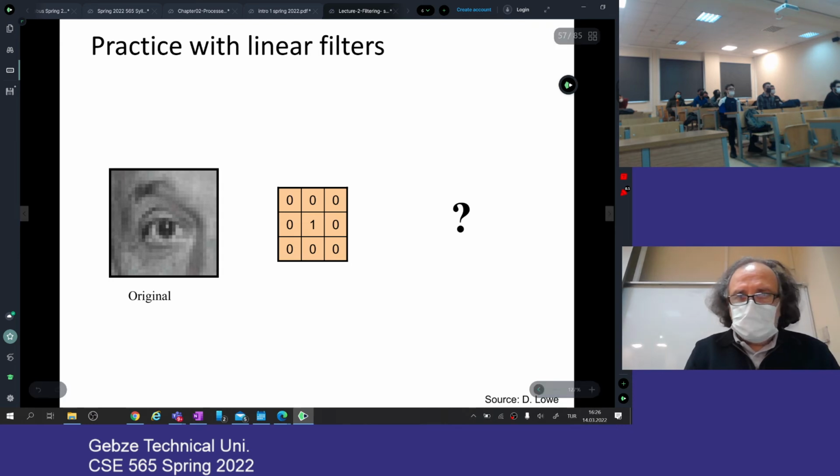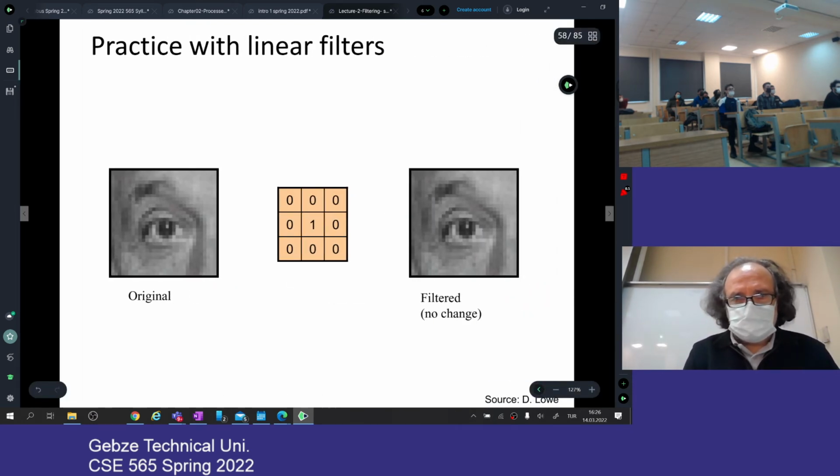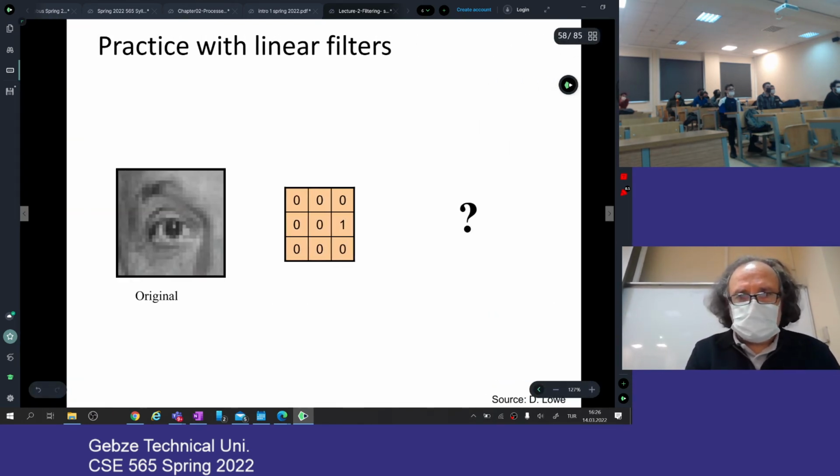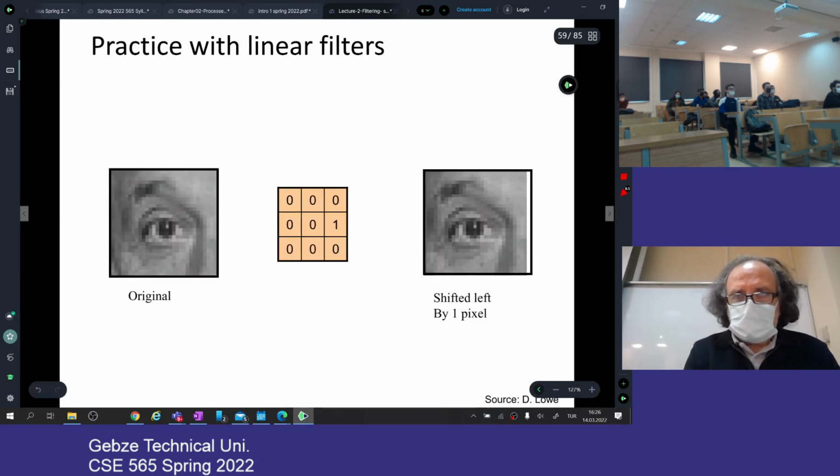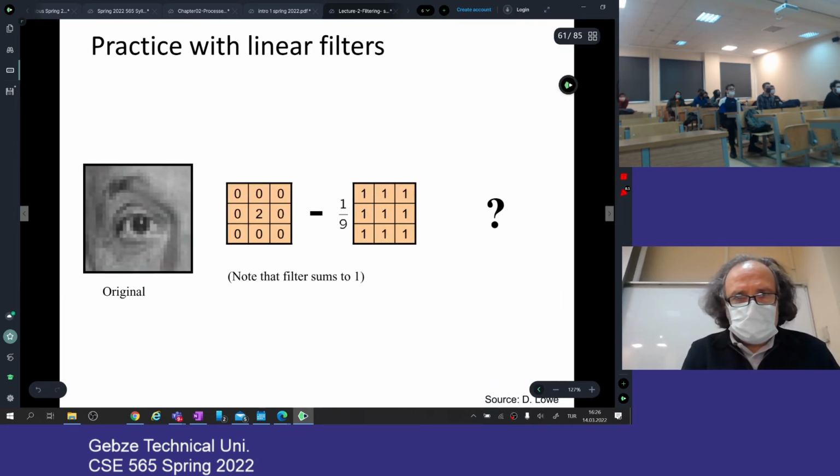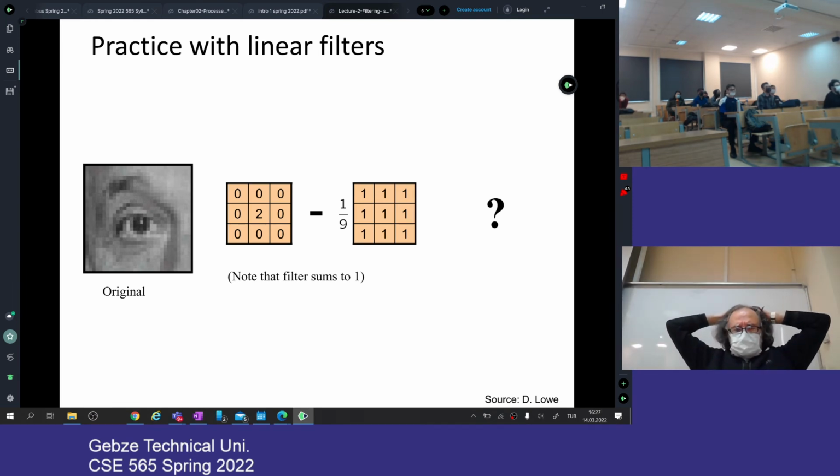And if I do the same thing, okay, original filter, the same thing. Okay, I did that already. Well, what do you think is going to happen? What kind of crazy image is this?